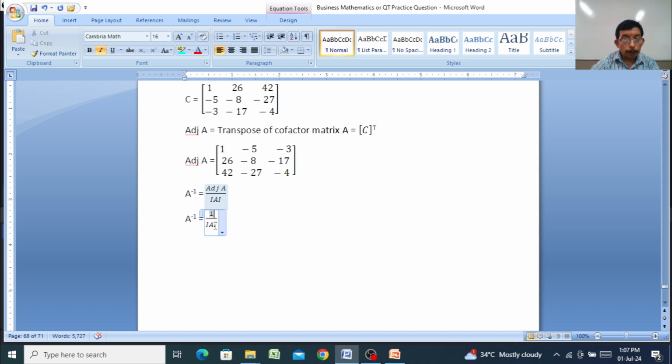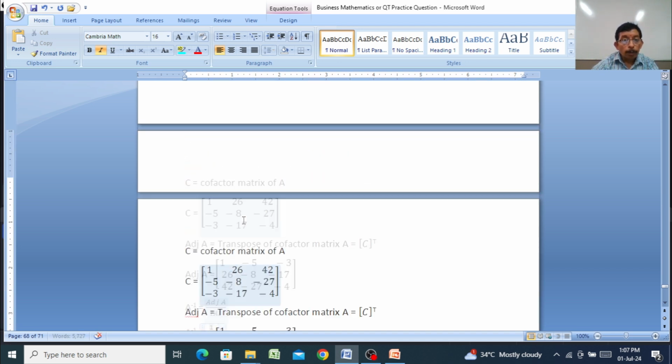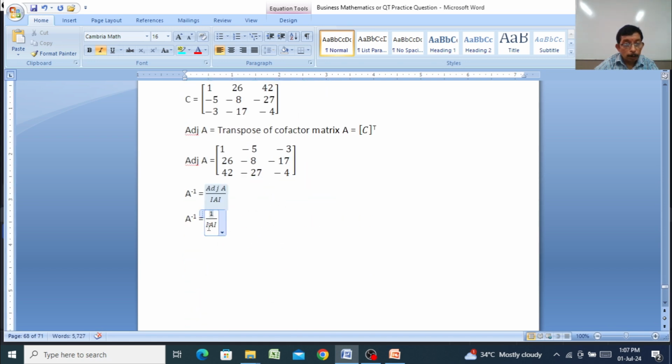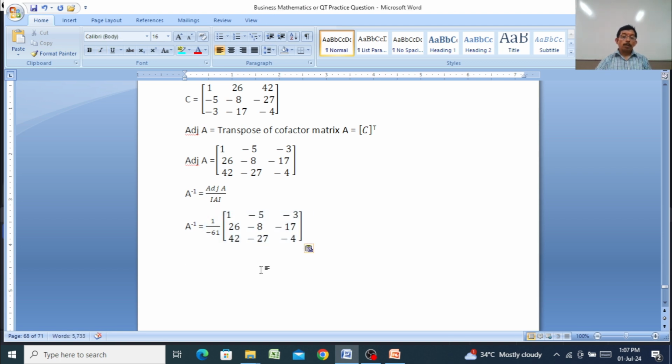Determinant of A is equal to minus 61. Note down here the value of adjoint of A; this is the value of A inverse.